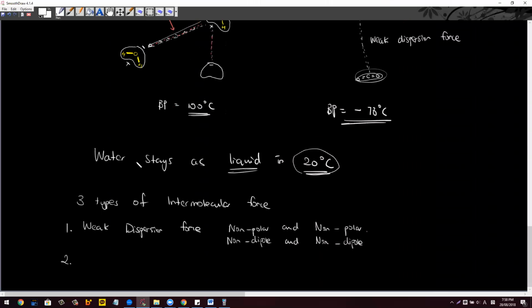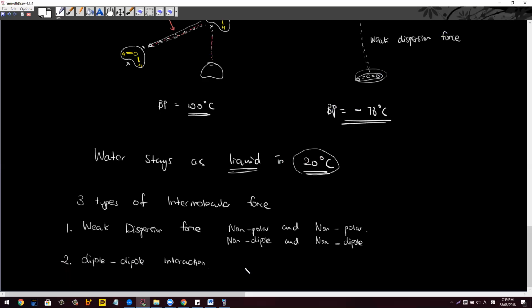Between molecules. So there are 3 different types of intermolecular force. The first one is weak dispersion force. The second one is dipole-dipole interaction.